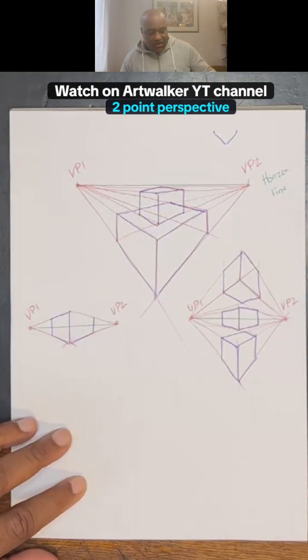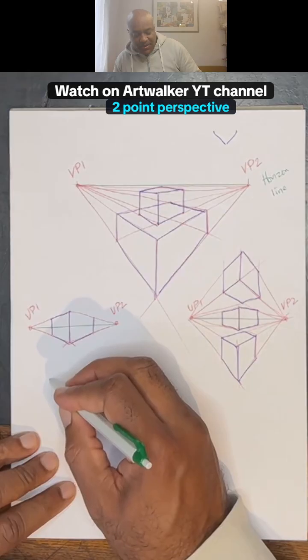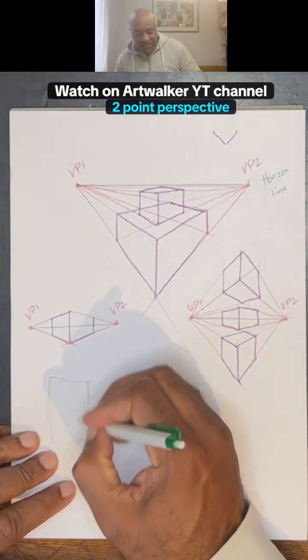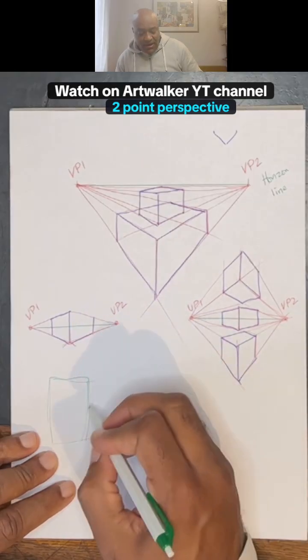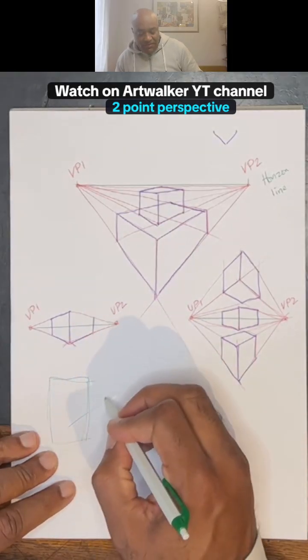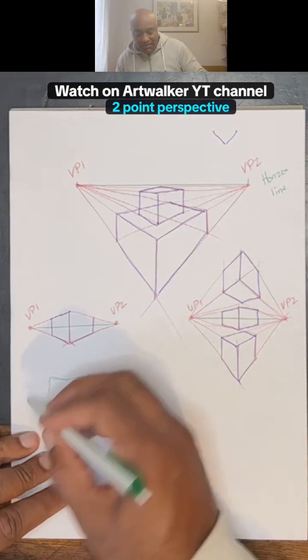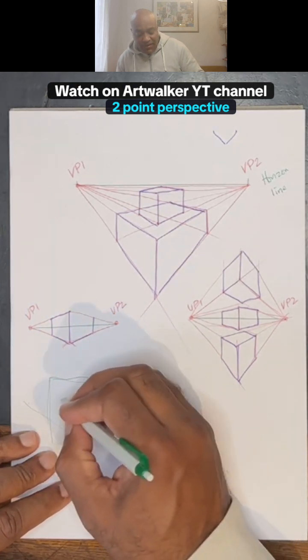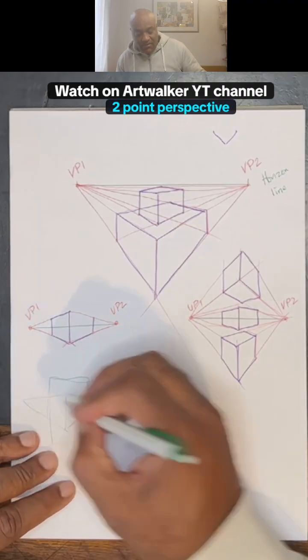Let me show you quickly an example. If this is a piece of paper, an A4, a really badly drawn piece of paper, and I draw my vanishing points off the paper here, or I mark them off the paper, I've got a massive view of something. Do you see what I'm saying?